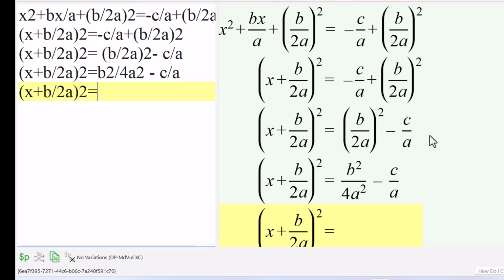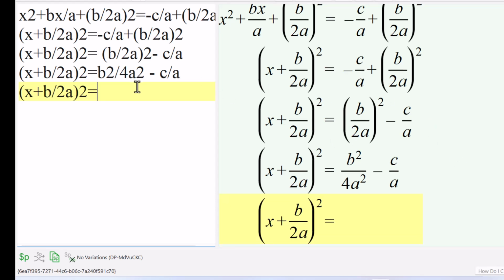Now I have this. So the LCM of 4a square and a will be 4a squared. If you divide, you know what it will end up in bracket. I'll have my b square, so which is b square.